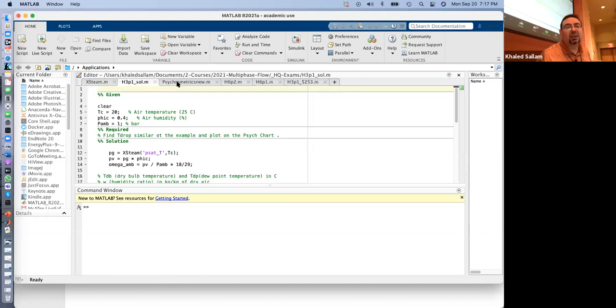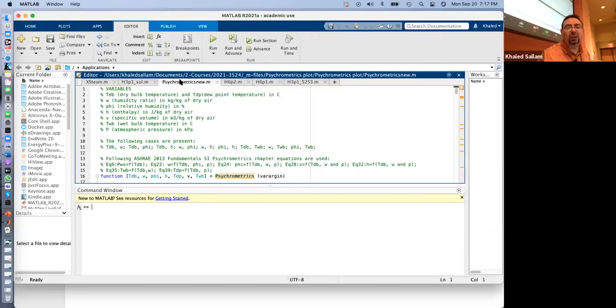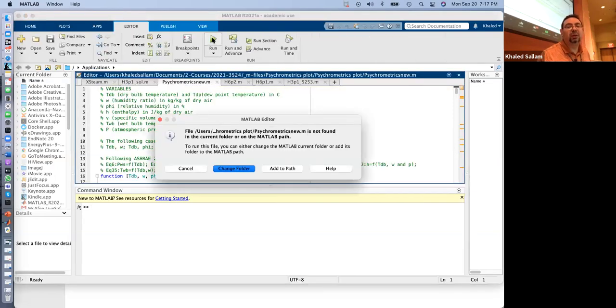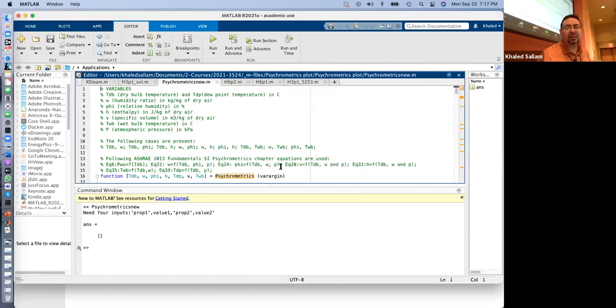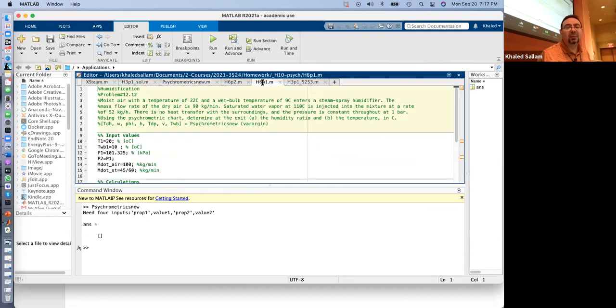Put it where you keep your M file and just tell it to run, add to the path. Very good. Then after that, you would run CT1, T wet bulb 1, and B1. And B2 equals B1, and m dot here. Don't look at this now.